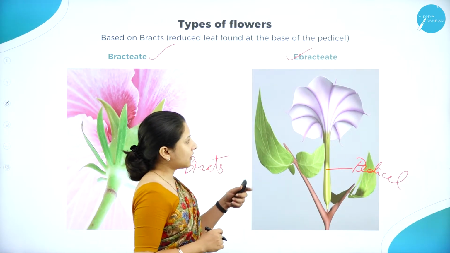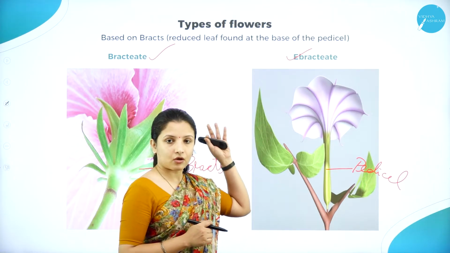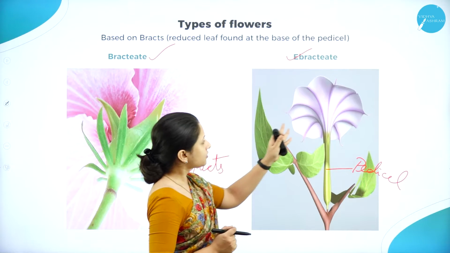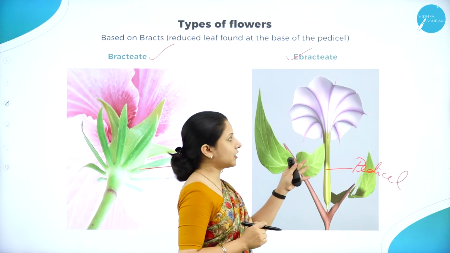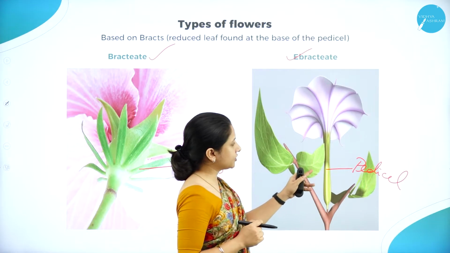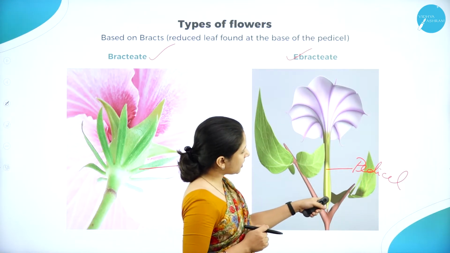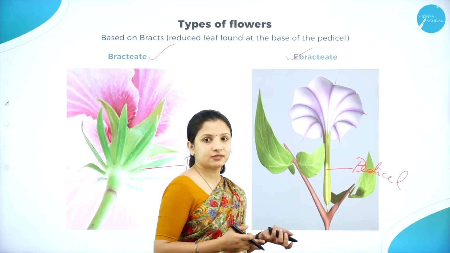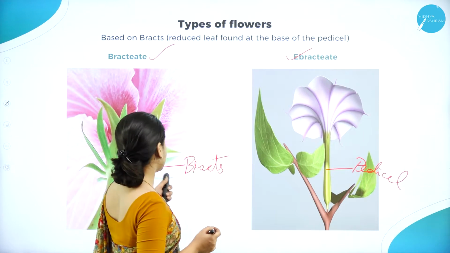And to explain ebracteate, I have taken the example of a flower here, the datura flower. In the datura flower, as you can see, at the base of the pedicel there is the sepal, but nowhere are bracts present. It is easy to differentiate between the two diagrams here.